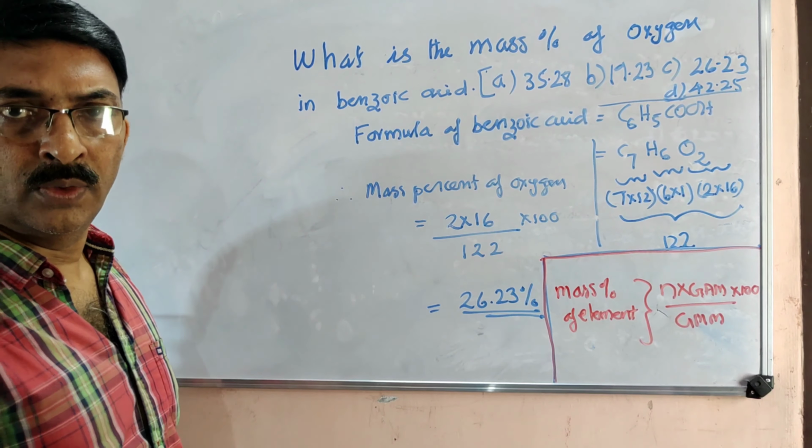So if we start with 100 gram, the residue would weigh 100 minus the mass lost, 24.5. So the value corresponding to 111 here will be 100 minus 24.5, and the value corresponding to 111 plus 18x will be 100. These two ratios will be equal. So the only unknown in this equation is x, which you can get out from this equation. Cross multiply and isolate x. You get it as 2.